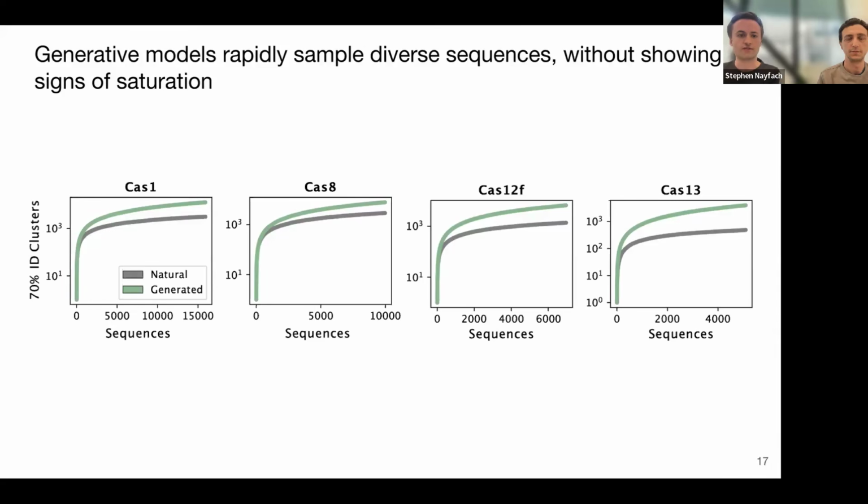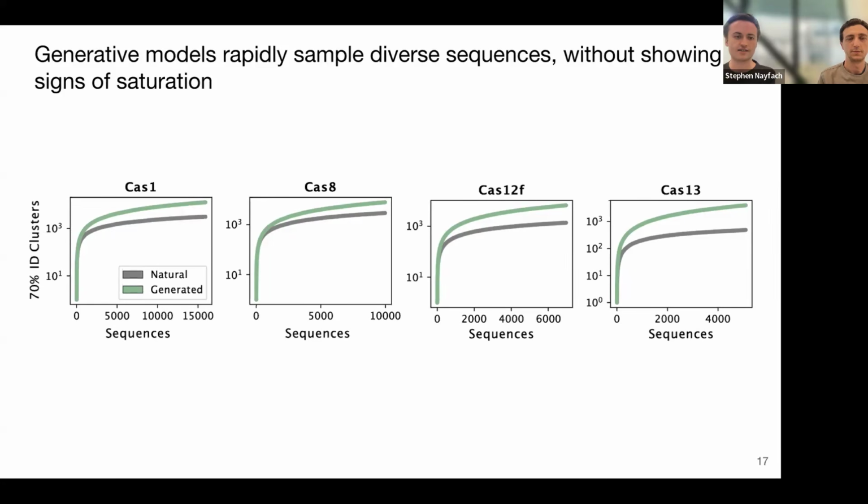Of course, we can only generate a finite number at any given time. But we can also sort of project if we were to keep generating sequences from our models or collect more from nature, would we have saturated the possible sequence space, or could we keep finding new sequences? So these plots show for 4 families, a sort of in silico experiment, we've tested that idea.